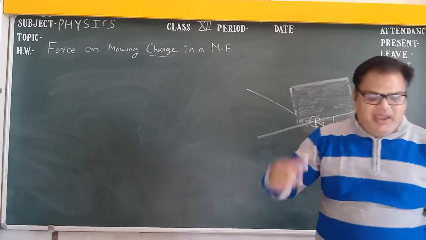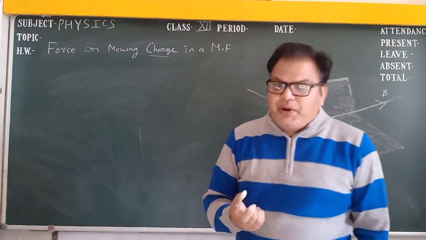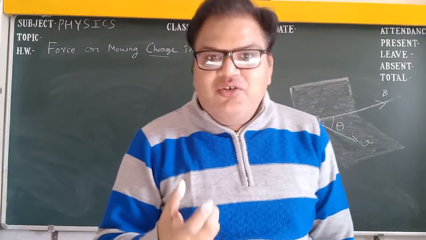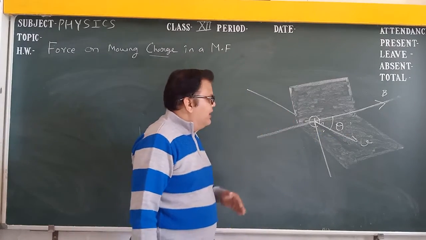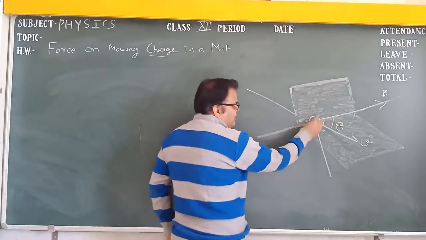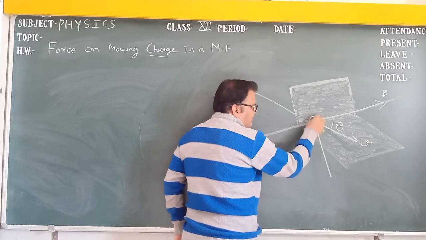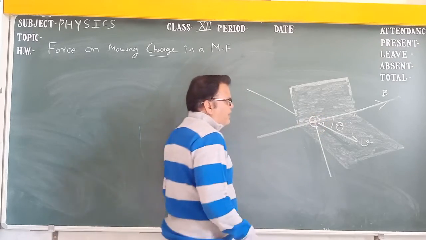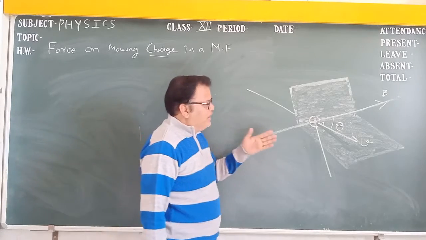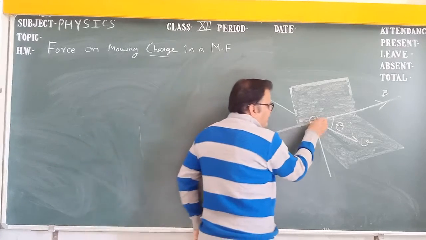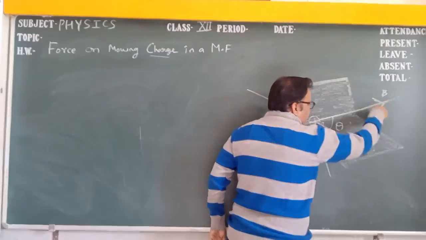An electric charge moving in a magnetic field experiences force. Here we are taking a positive charge Q, and the direction of the magnetic field is represented as shown in the figure.